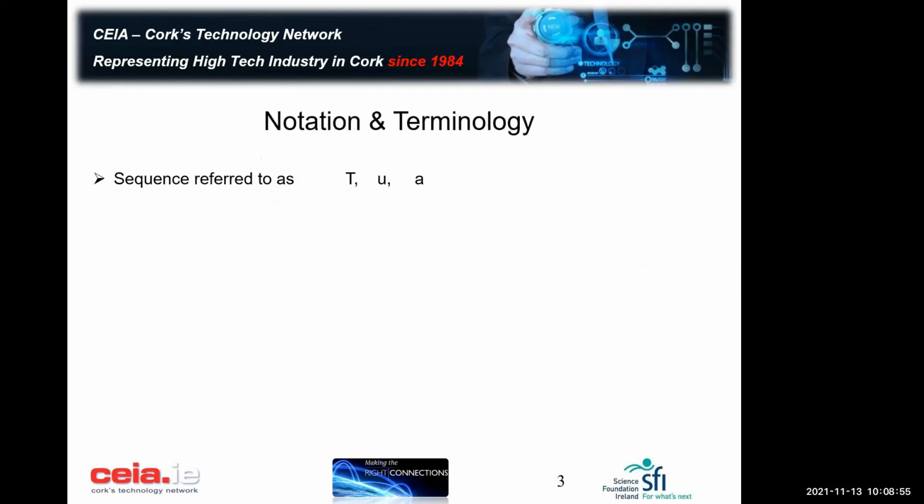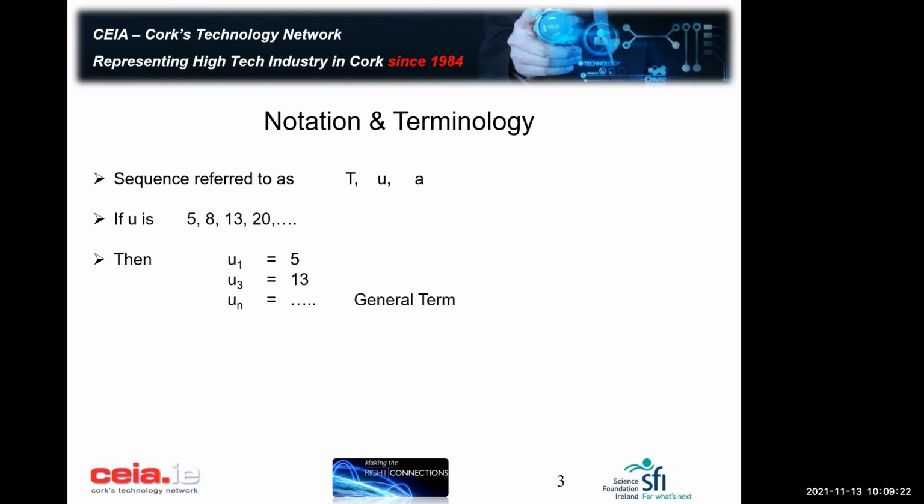Notation and terminology. The items in a sequence can be referred to in terms of U, T, or A. For instance, if a sequence is referred to in terms of U, so you have the sequence there, 5, 8, 13, well, the first one in the sequence is called U1, and in this one it's 5. U2 is 8, U3 is 13. That's the terminology.